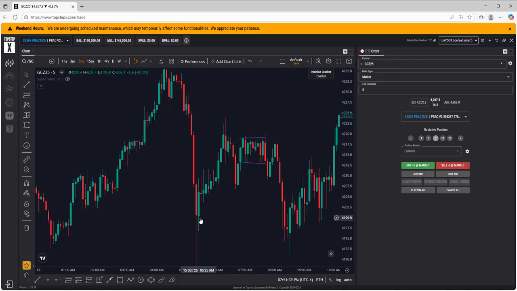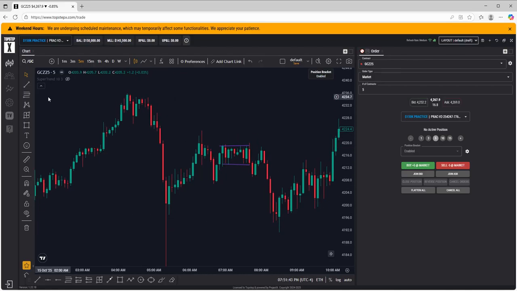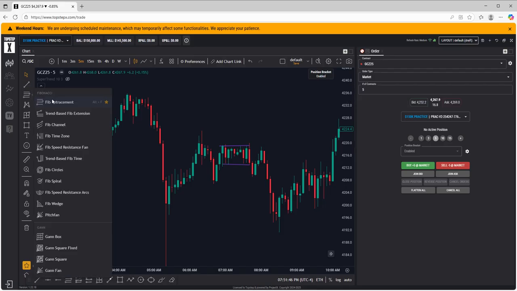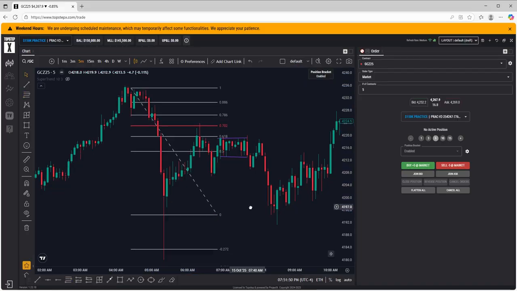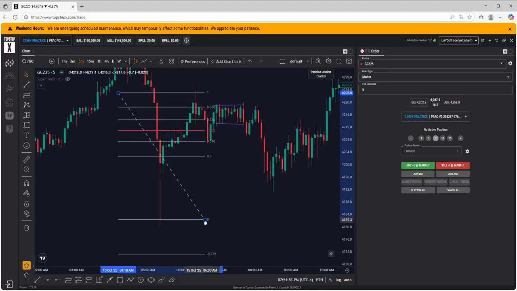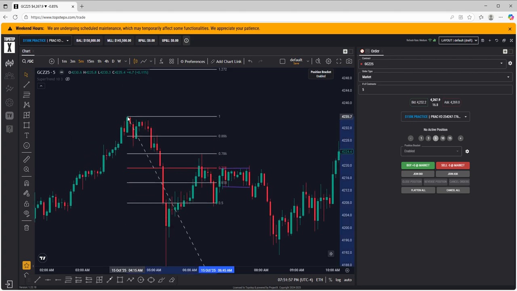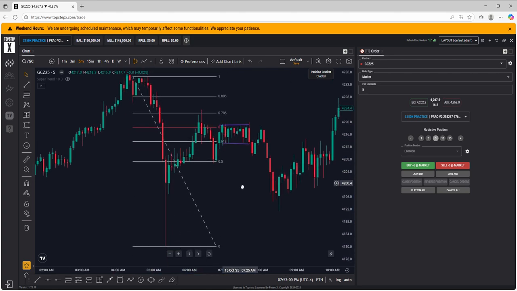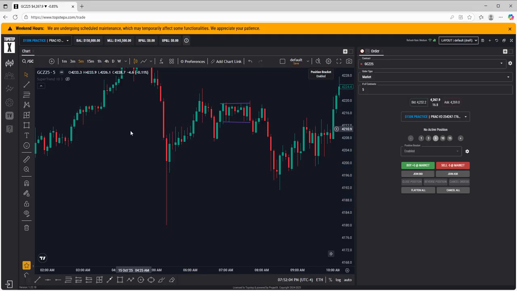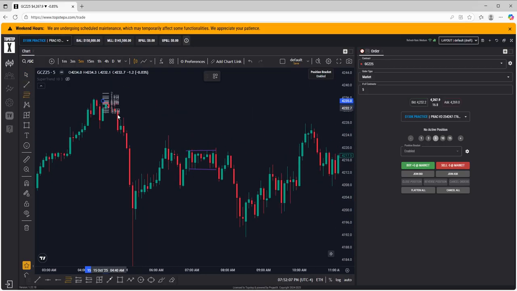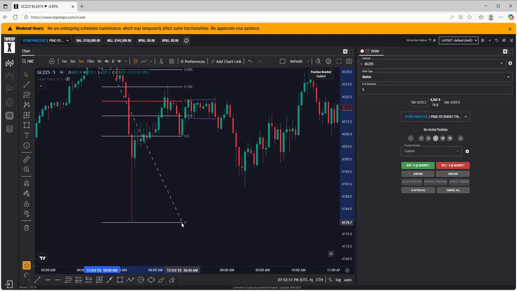This broke structure to the downside. So if I'm looking for sales, it's my previous high to my newest low. Oh, do that backwards. There we go. All right, let's see here.